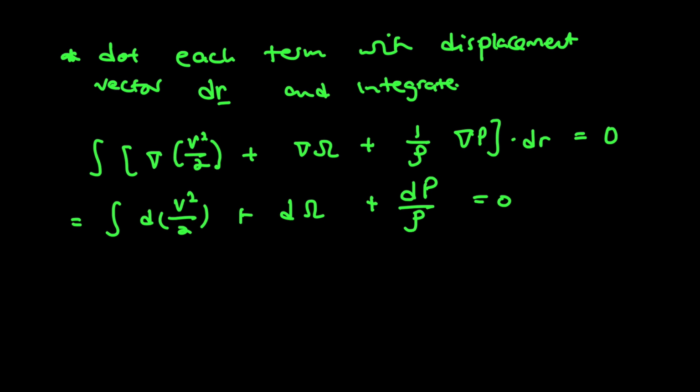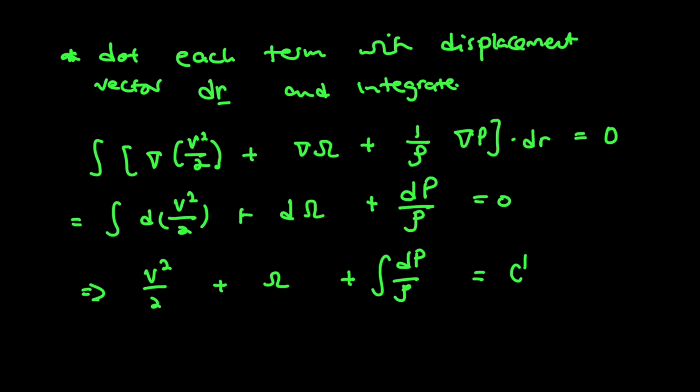So finding the integral here, we're going to get v squared over 2 at this point. And then for this section of the work, we are going to get our omega. And then even the integral here is going to equal an integration constant.